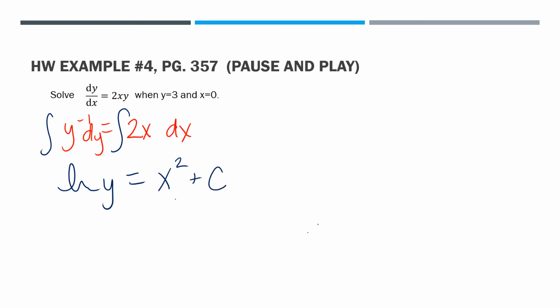Okay, now this is a little funky because we need to get that y out, and so we have to remember our rules for logs and natural logs. What we're going to do is actually e both sides. So we're going to make a base of e. So we have y equals e to the x squared plus c.